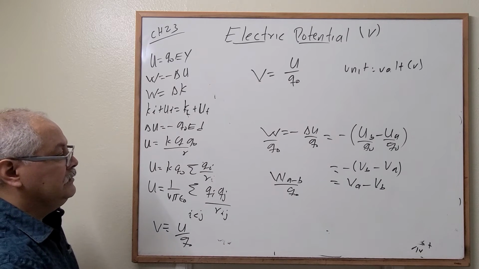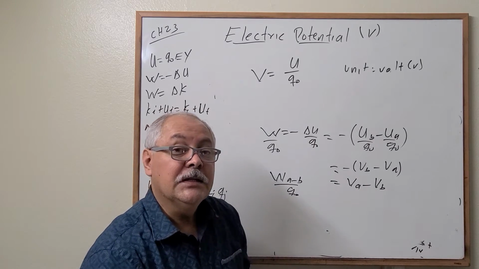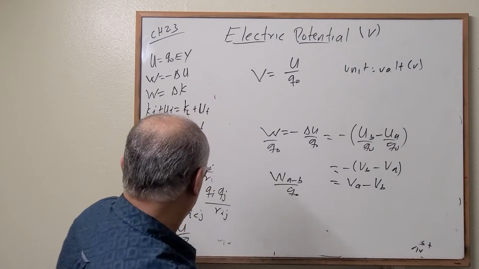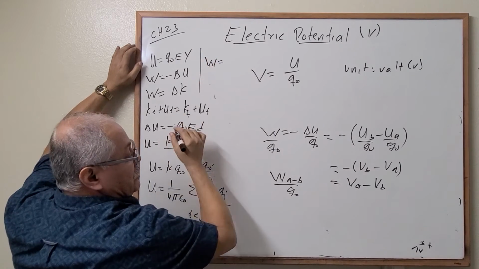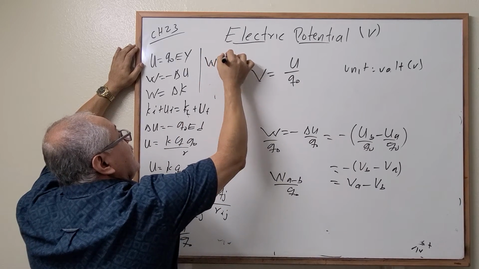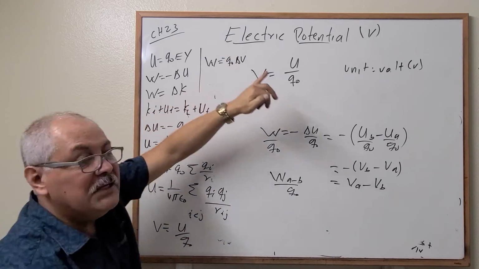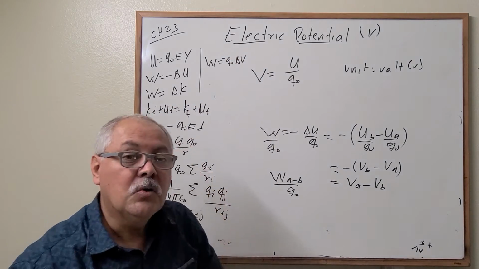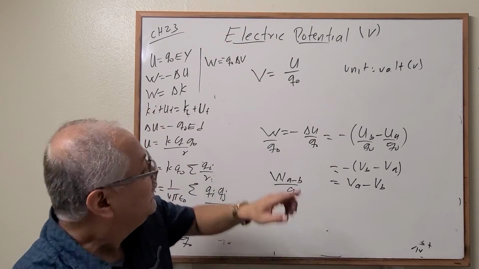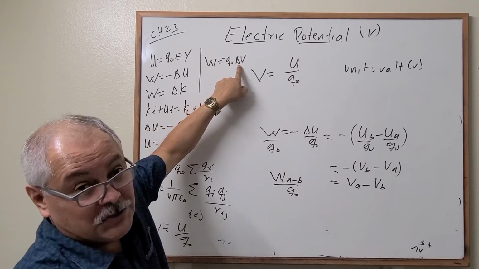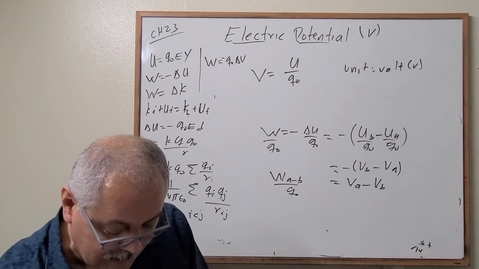Or we can use the change in the electric potential. So we can use either way. We can use work is equal to negative Q naught times the change in the electric potential. This change in the electric potential actually is called the potential difference or voltage. Okay, potential difference or voltage. Perfect.